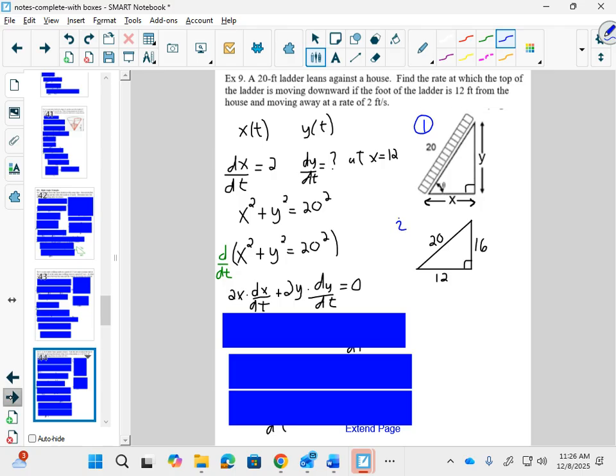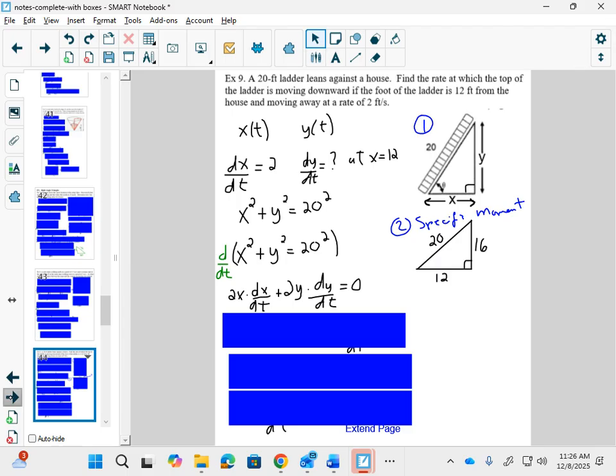And then our second diagram is at the specific moment that we're wondering about. At that specific moment, the x is 12, the y would be 16, the hypotenuse would still stay 20.